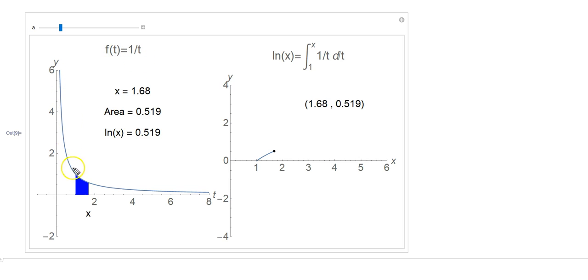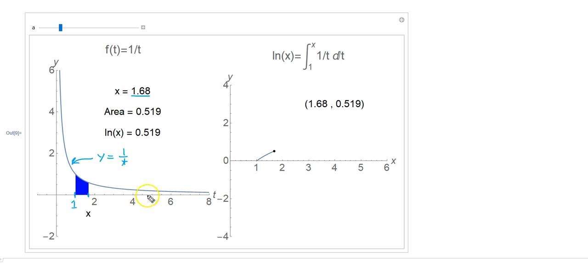That's the blue curve, the graph of y equals 1 over t. And down here, we have a blue shaded region. This point on the x-axis is the number 1, and then we have an arbitrary point labeled x, which is currently 1.68.